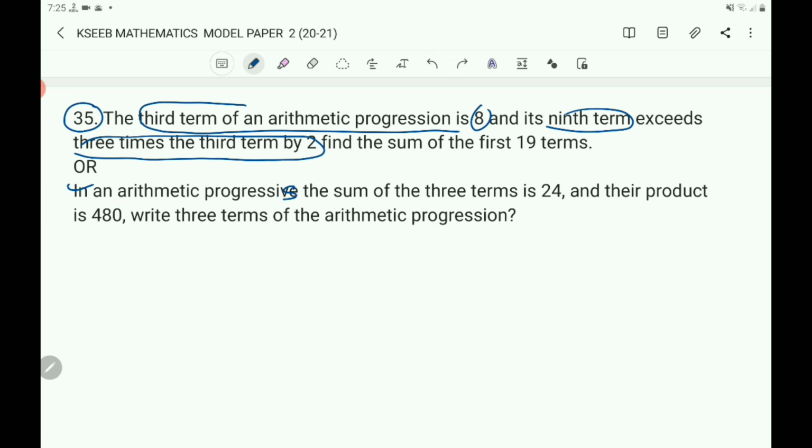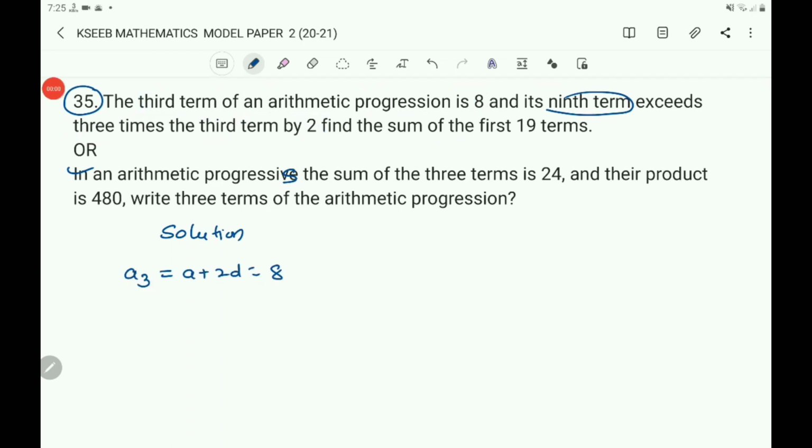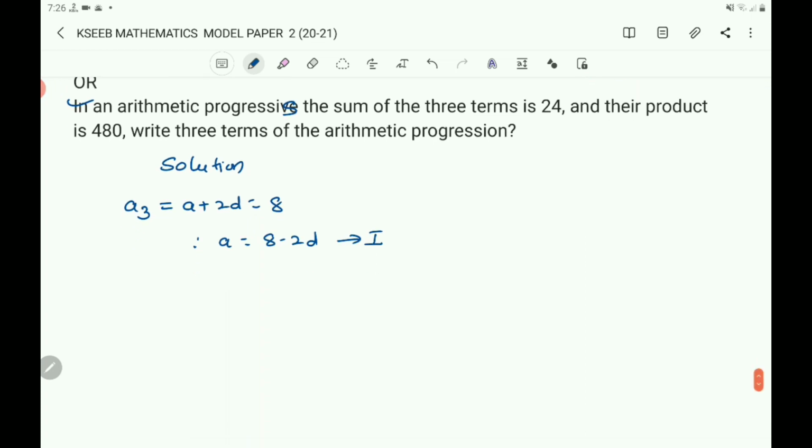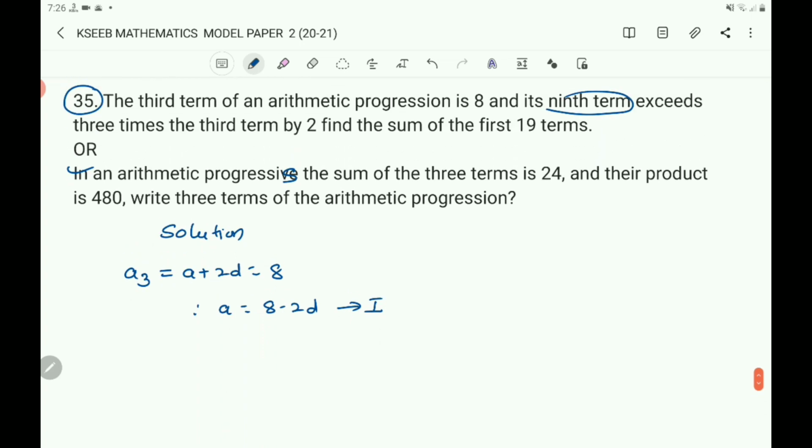Now let us solve the first one. So we have the solution for the first one. What is given here? Therefore a equals 8 minus 2d. Consider this as the first equation. Then again, what is given?